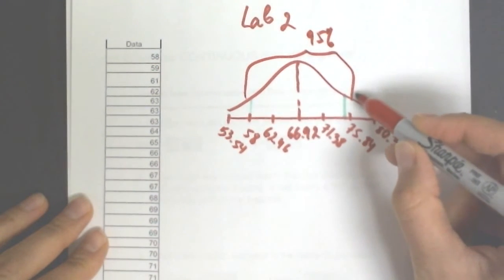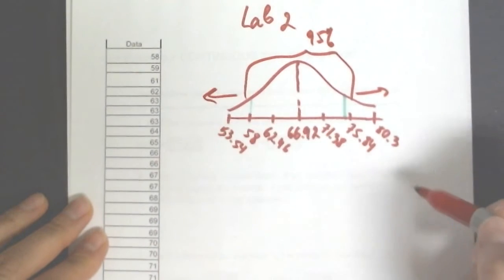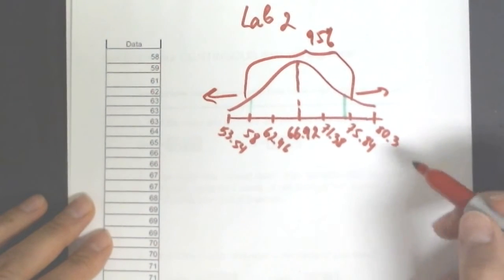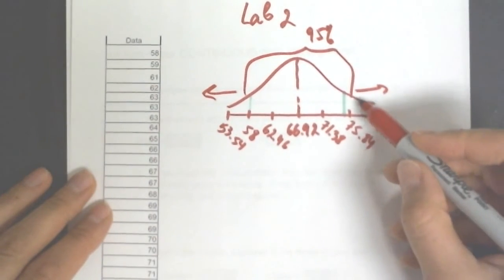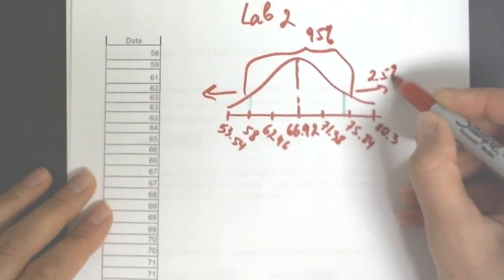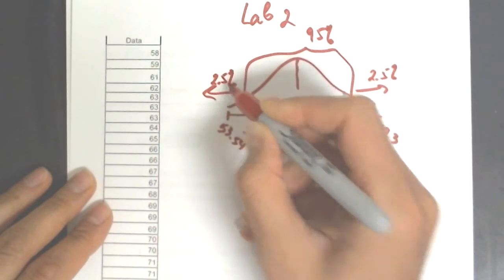That leaves 2.5% in the tail beyond 2 standard deviations, or 5% total, 2.5% here and 2.5% here.